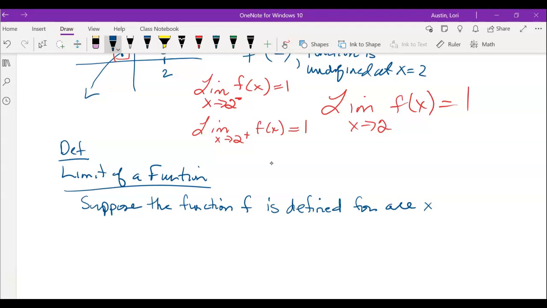Remember, it doesn't have to be defined at a. For all x near a. So little pictures help. Here's my a. So all the values near a, my function's defined.